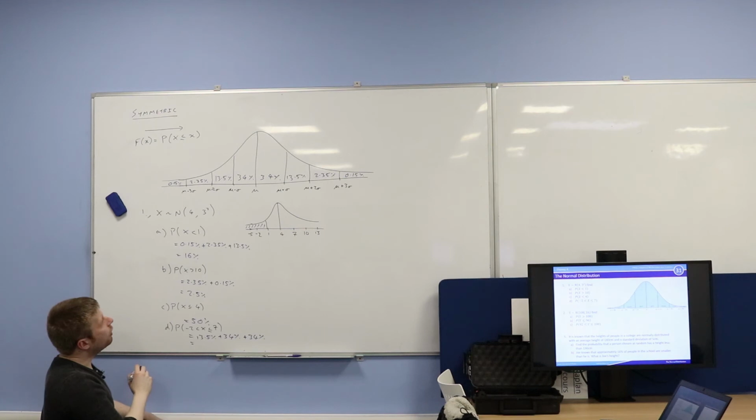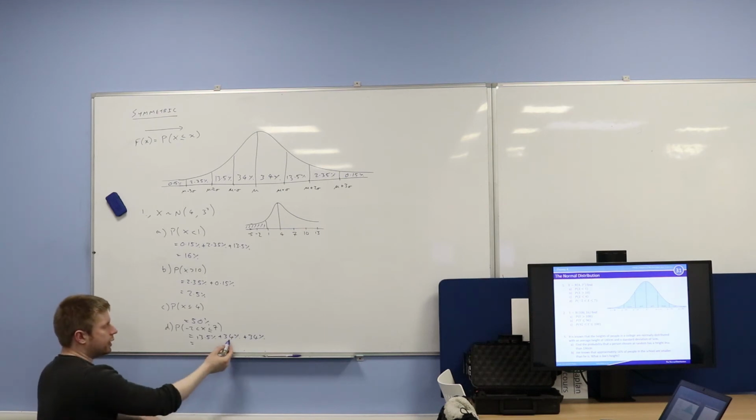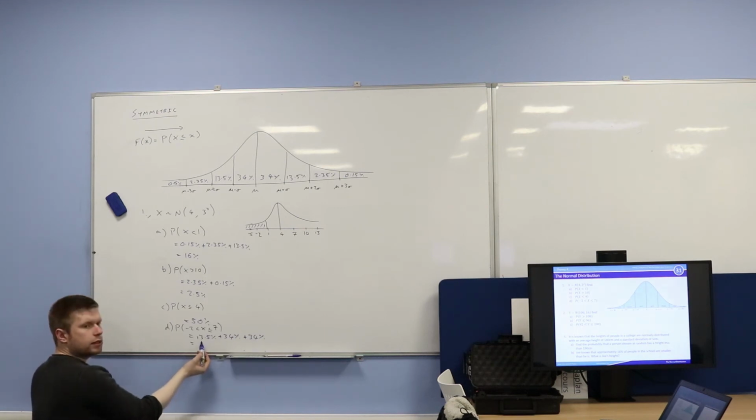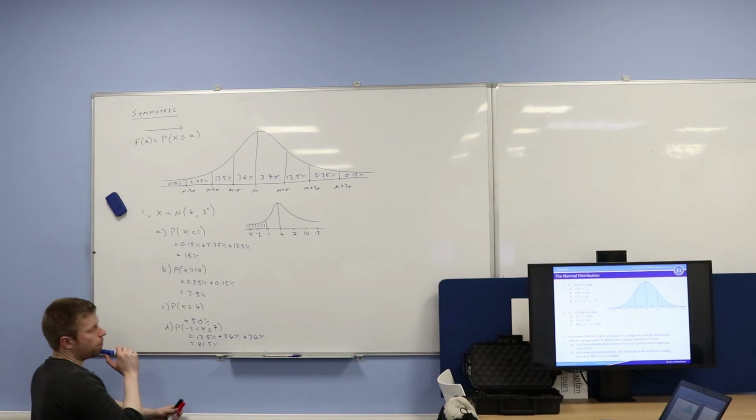How did you get that? So that's 68, 78, 81.5. Have a look, -2 and 7.